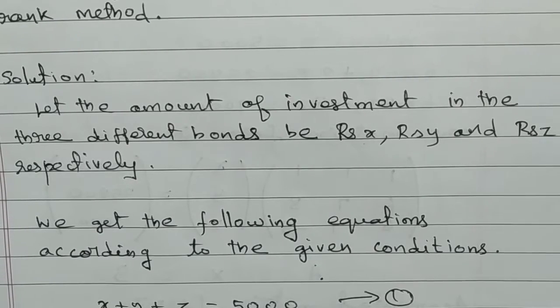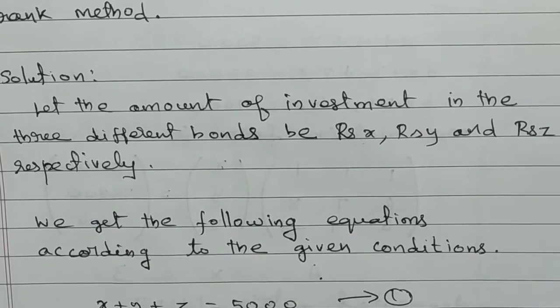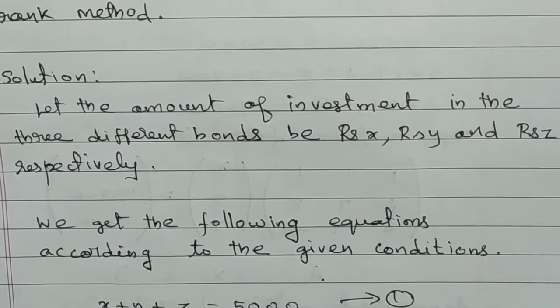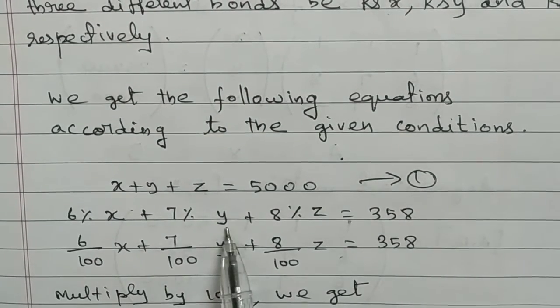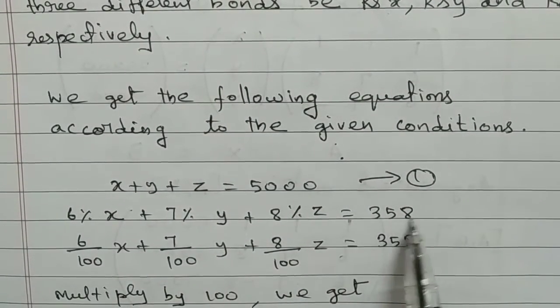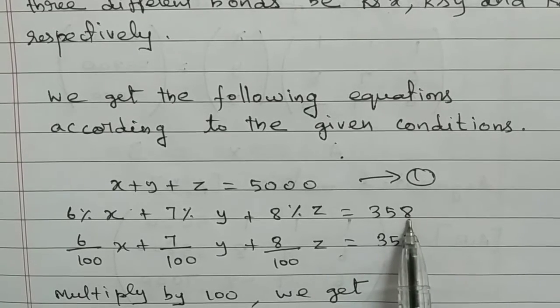What is the second condition given? 6%, 7% and 8%. The total annual income is rupees 358. That is, 6% of x plus 7% of y plus 8% of z equals the annual income, 358.